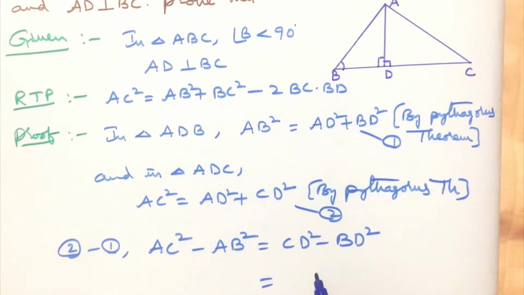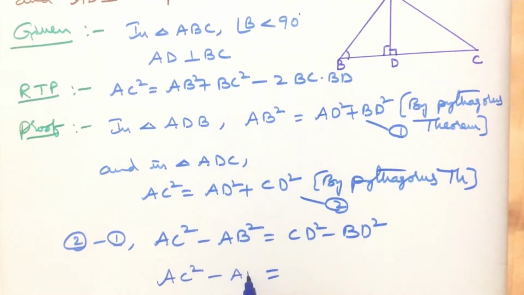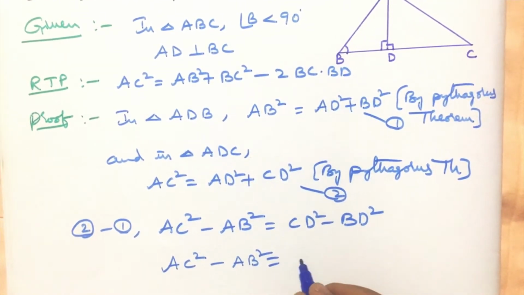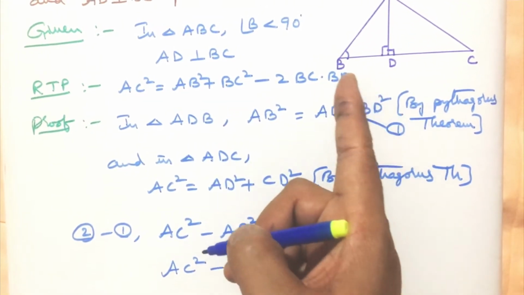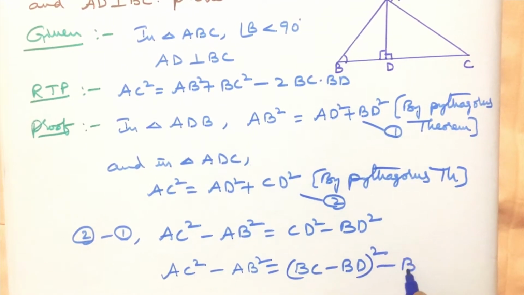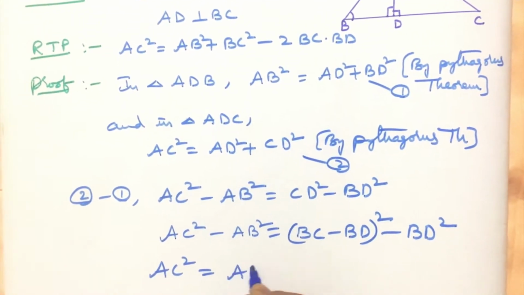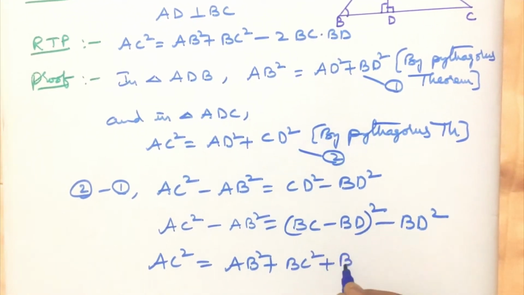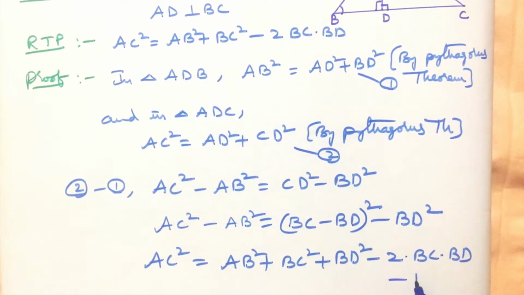This is CD square minus BD square. I can write CD as BC minus BD, since if you subtract BD from BC, you get CD. So AC square is equal to AB square, bringing it to this side, AB square plus, expanding this, BC square plus BD square minus 2 times BC into BD, and here one more BD square.